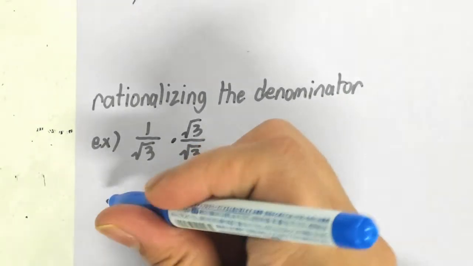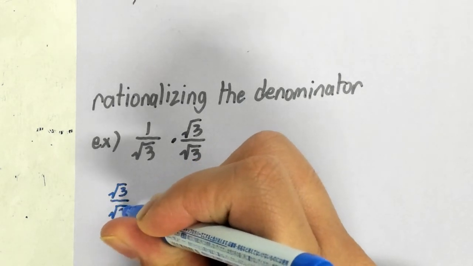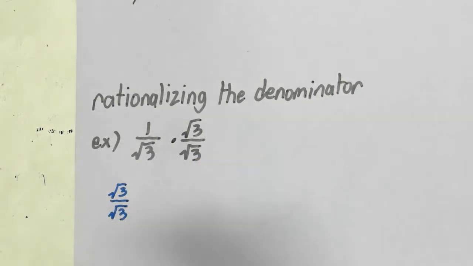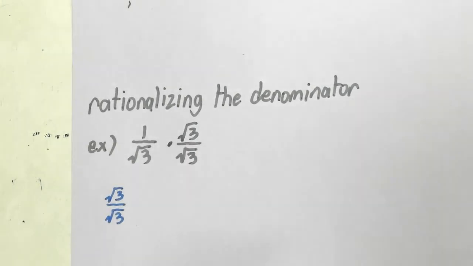Off to the side, let's make a note. What's square root 3 divided by square root 3? I tell this to all my students and many of them were stumped.